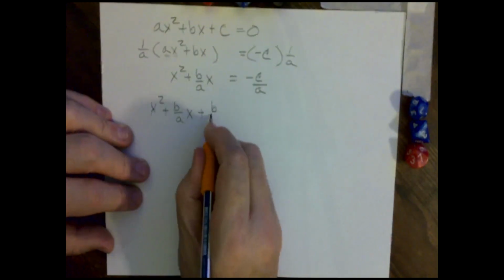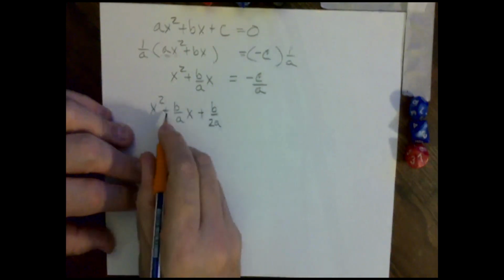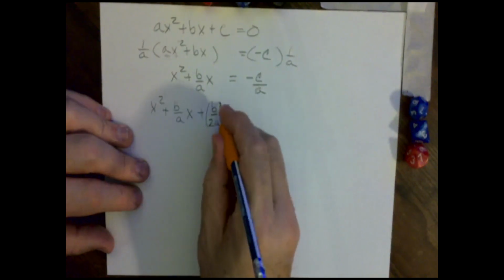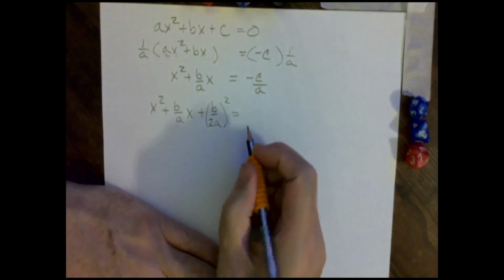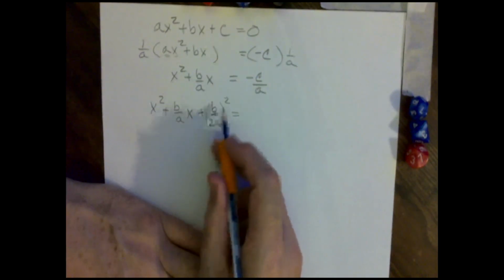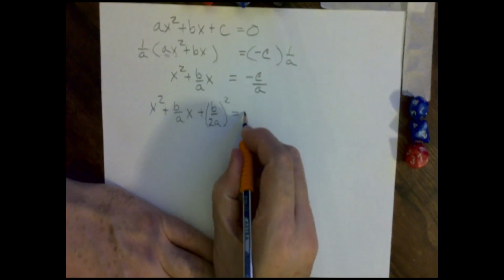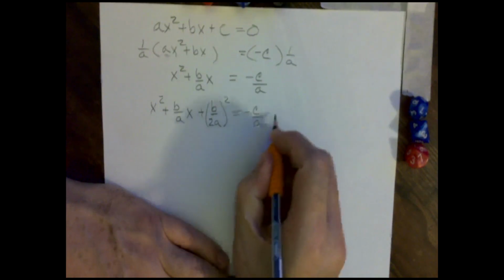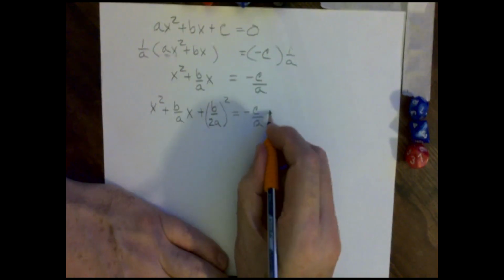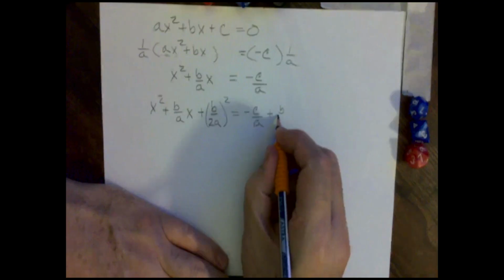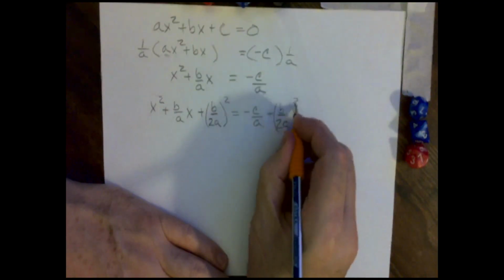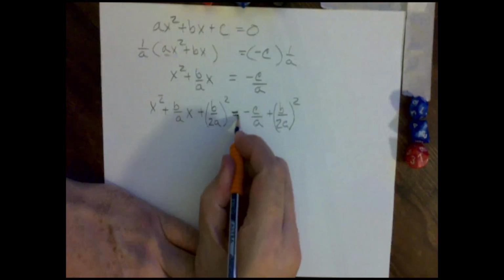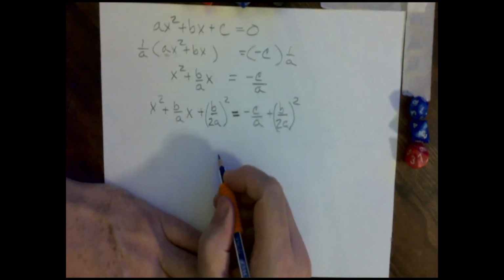So b over 2a, that's half of it, and we're going to square it. Now I can add whatever I want to this side of the equation, as long as I do it to this side at the same time, because I want to keep using this symbol right here. I have to do the same on both sides.